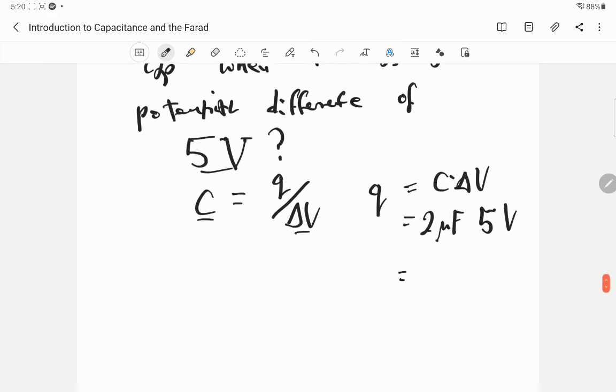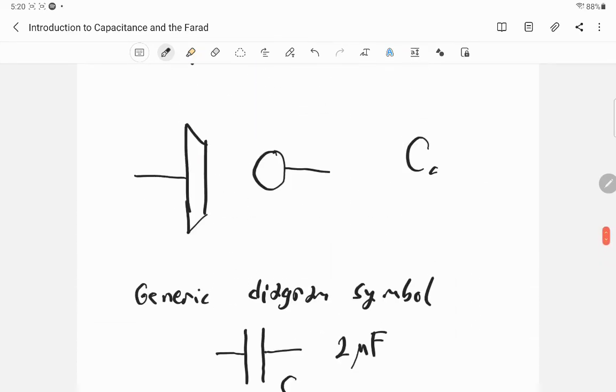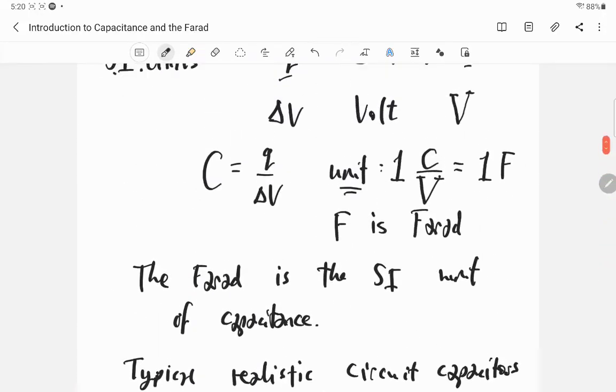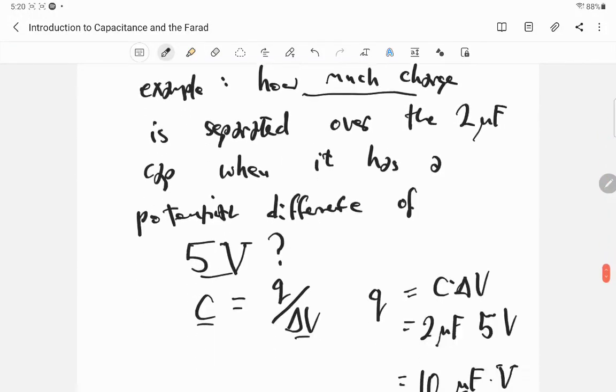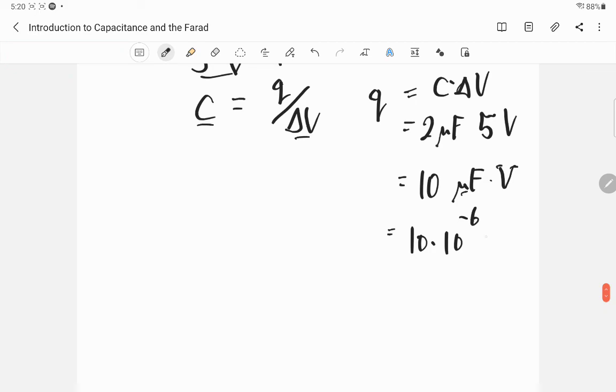And this is, right, 10 microfarads times the volt. So this is 10 times 10 to the minus 6, because that's the micro. And then the farad, let's look at the definition of the farad from before. The farad is the coulomb per volt. So let's put in for the farad as just the coulomb per volt.